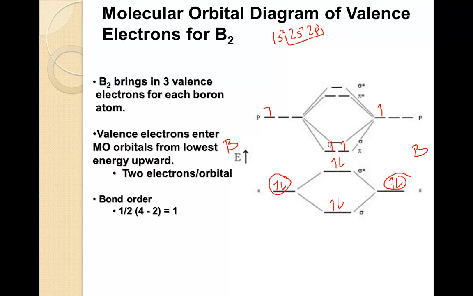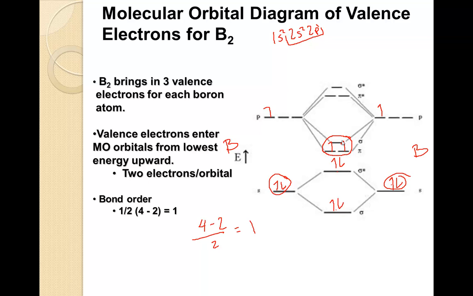So 4 total for bonding, minus 2 for sigma star here. We don't have any star ones up here. Divided by 2. That equals 1. So our bonding order is 1. And so that's a fairly strong bond. Now look here. Notice you have single electrons here. That actually affects the magnetism.